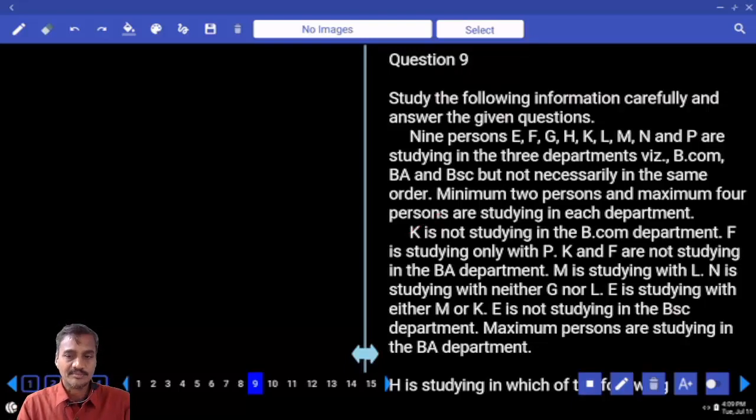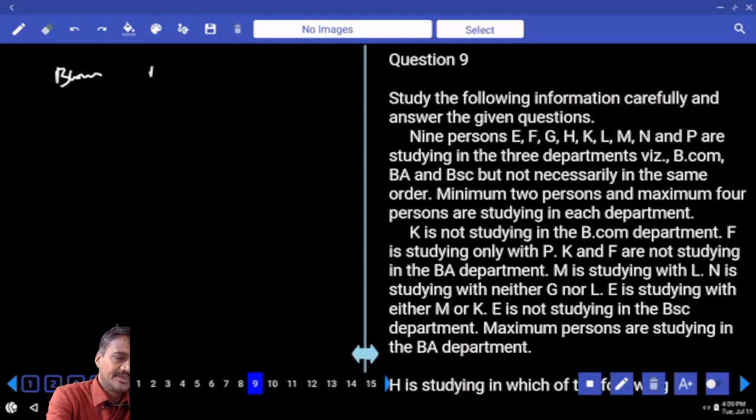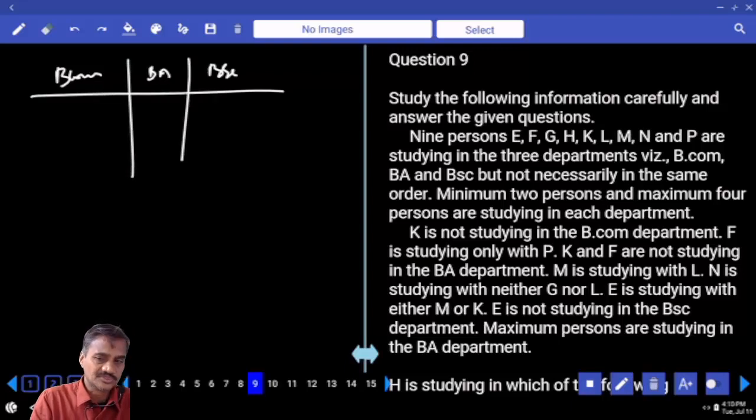What are the different possibilities we can have? 2, 3, 4, and again you can have 3, 3, 3. Now 9 persons are in 3 different departments: BCom, BA and BSc, and altogether there are 9 persons here.